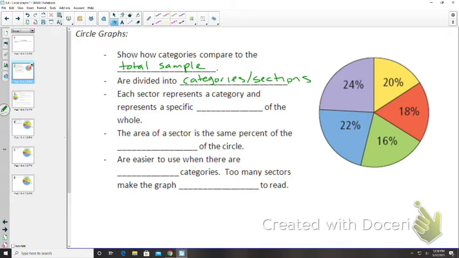Each sector represents a category and represents a specific region of the whole. Okay, the area of a sector is the same percent of the circle. And circle graphs are easier to use when there are only a few categories. If there are too many sectors, it's going to make the graph difficult to read.